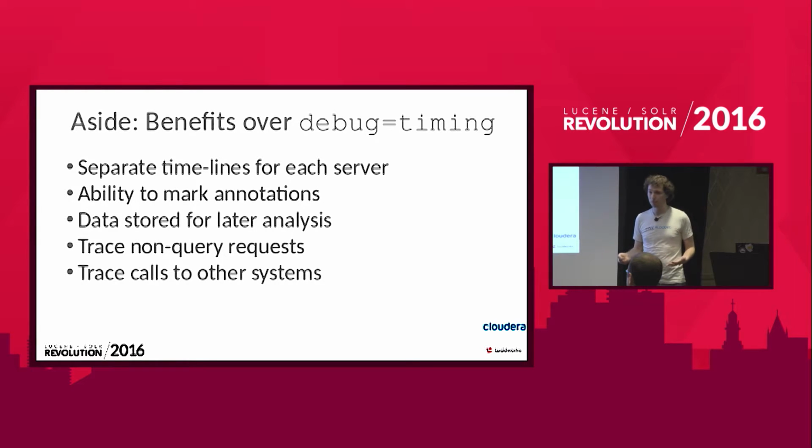That's kind of hard. One of my favorite parts of this is that we can trace things that are not queries. Debug equals timing only works on queries. If you're doing indexing, if you're doing updating, you'll still get query time on your response, just the whole amount of time that your request took, but you can't get any granular information.